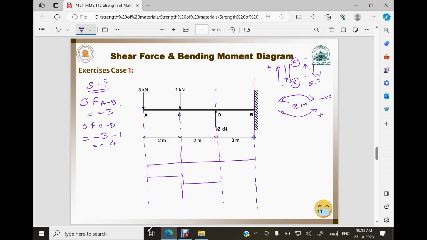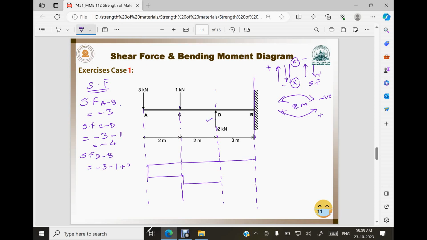Okay. Then now let me go for shear force between D and B. When I say shear force between D and B, it means the effect of all the forces on the left side. So what would this value be? -3 -1, and then what about this force? This force is acting upward, is it not? 2 kilonewton.